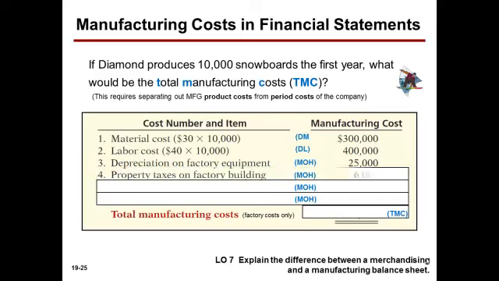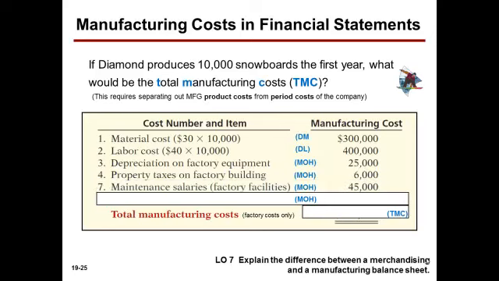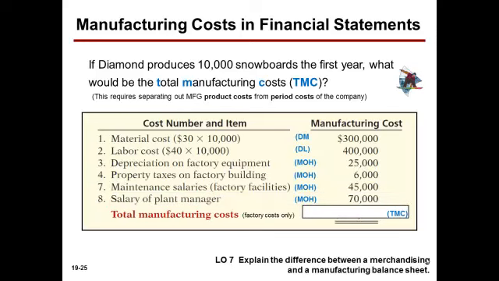Property taxes on the factory building, $6,000 for the year, again, overhead. Maintenance salaries for factory facilities, $45,000. And finally, the salary of the plant manager, $70,000. These are all our costs during the year, total manufacturing costs of that period, $846,000. TMC, factory costs only of the current period.